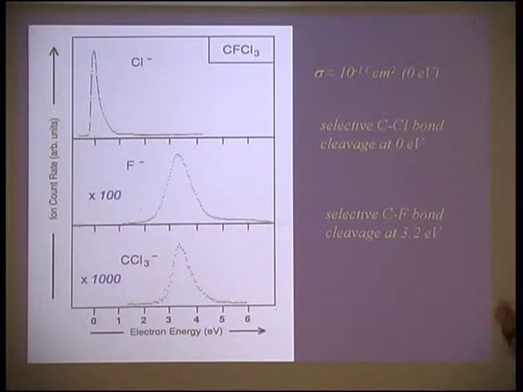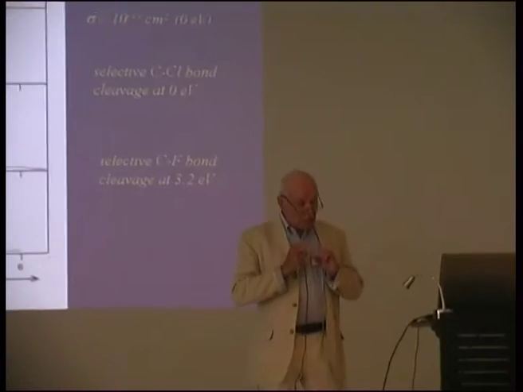The electron comes with essentially no energy, orbits around this molecule, and it breaks apart into Cl minus and the complement, namely the radical. And it does this with a quite high cross-section. The cross-section is orders of magnitude larger than the geometrical cross-section of the molecule.